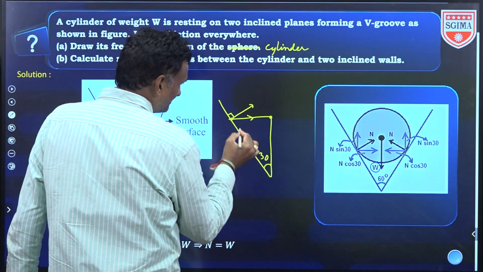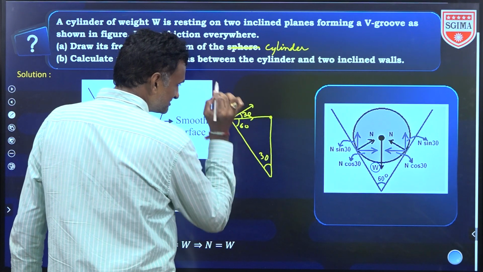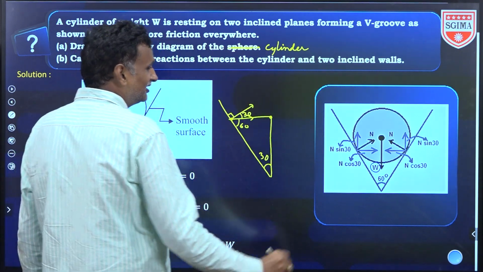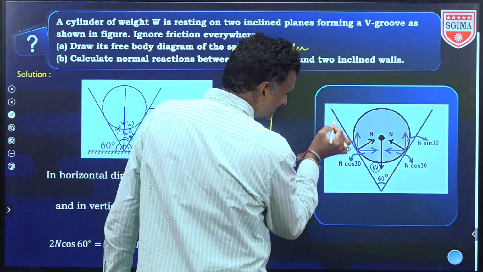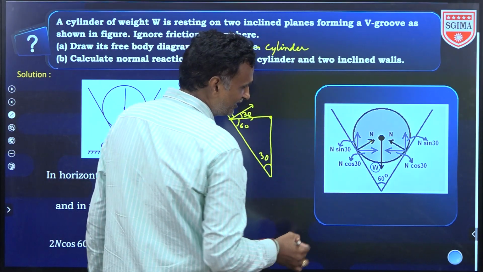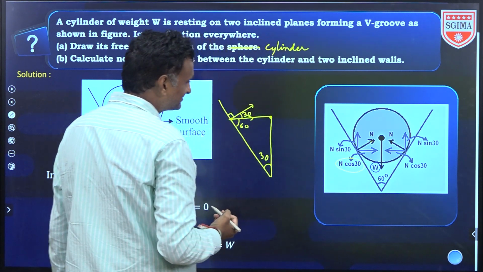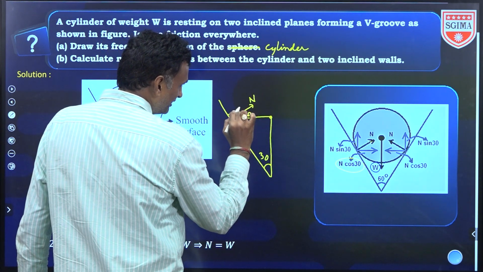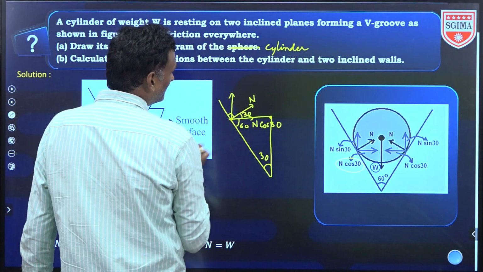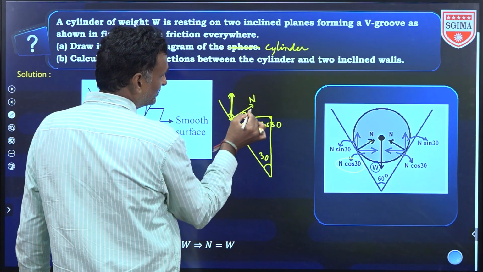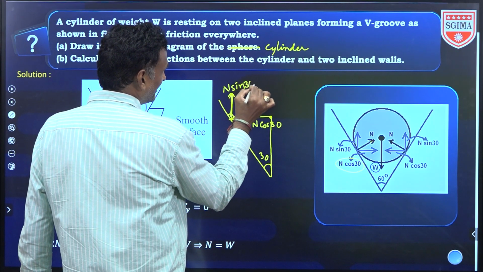So this is 30, this is 60, then this becomes 30 degrees. Here you can see the normal N exerted by the first wedge, and its component along the x-axis is N cos 30, and vertically upward it becomes N sin 30.